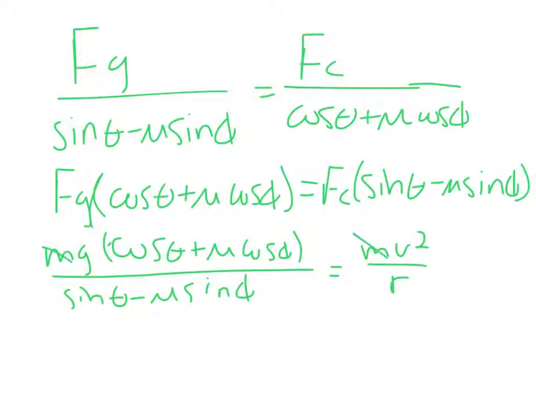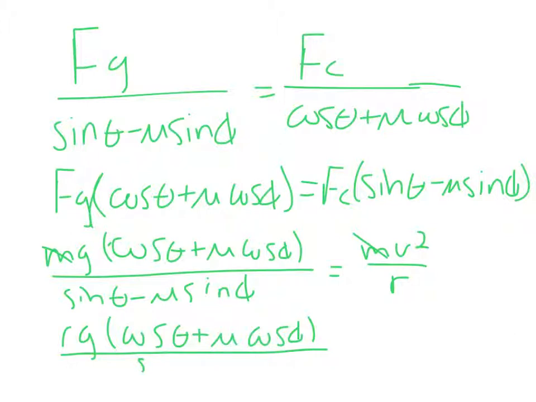Once again, my m's cancel, bringing r to the other side. We get rg times cosine theta plus mu cosine phi over sine theta minus mu sine phi equaling v squared.